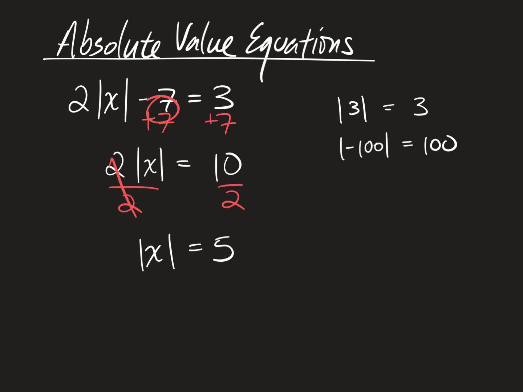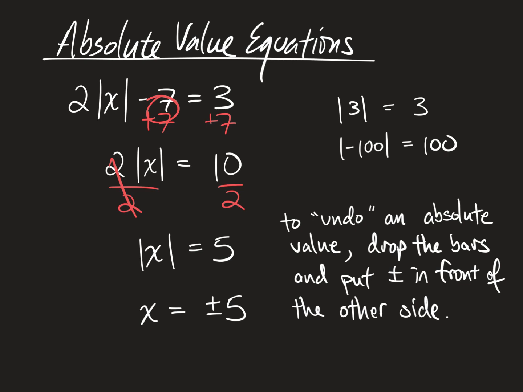And what happens then is every time we have a variable inside of an absolute value equation, that means it could take on 2 different values. X could be 5, because if you put 5 in here, you'll get a positive 5. Hooray! But x could also be a negative 5. If you put negative 5 in here, you'll get a 5. So the answer for this is x equals plus or minus 5.